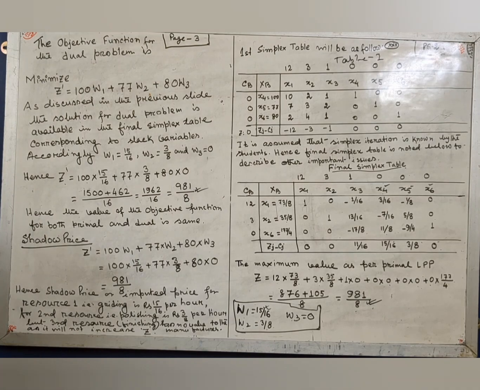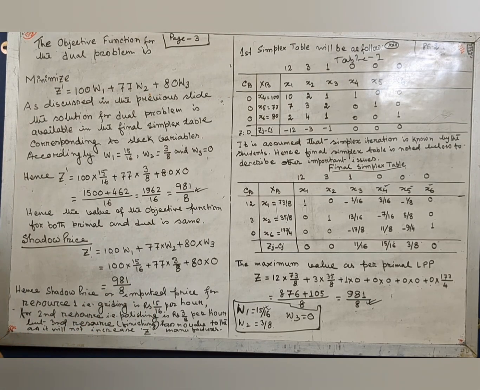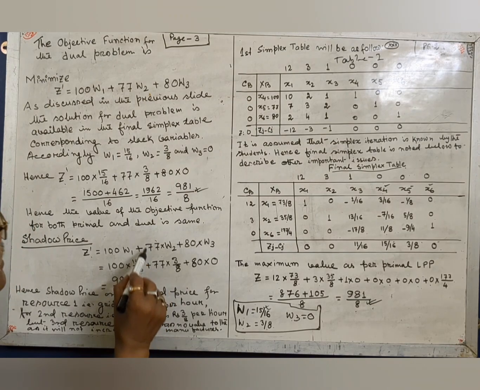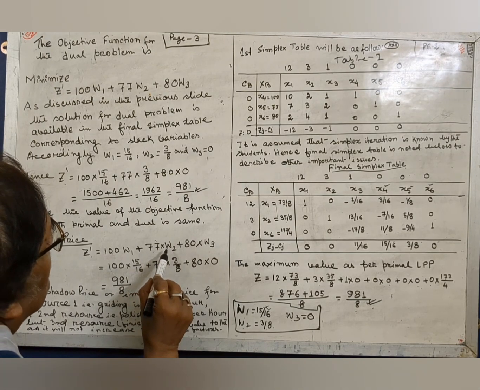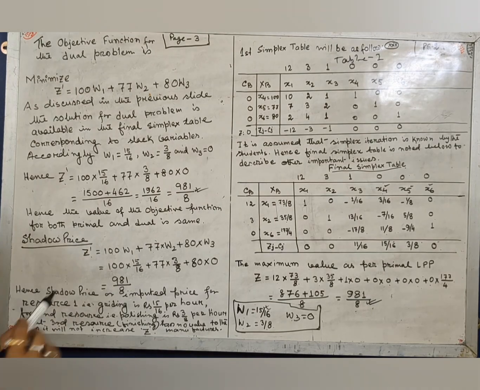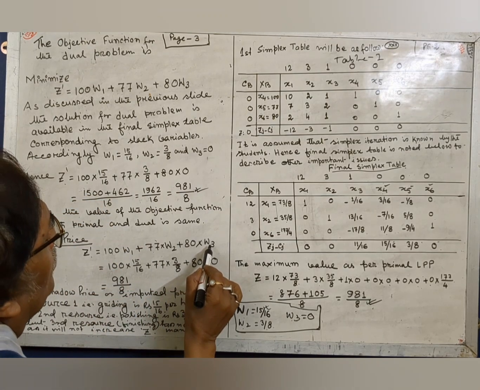What do you mean by shadow price? You see, this is the objective function for the dual. 100 is the resources available in the manufacturing problem, 100 hours for grinding, and W1 is the price per hour offered by the investor, and 77 is the constraint or available hours for the grinding section or grinding machines, and the investor offered the price for these resources per hour W2, and 80 is the finishing department's available capacity or hours, and the investor is offering W3 rupees per hour.